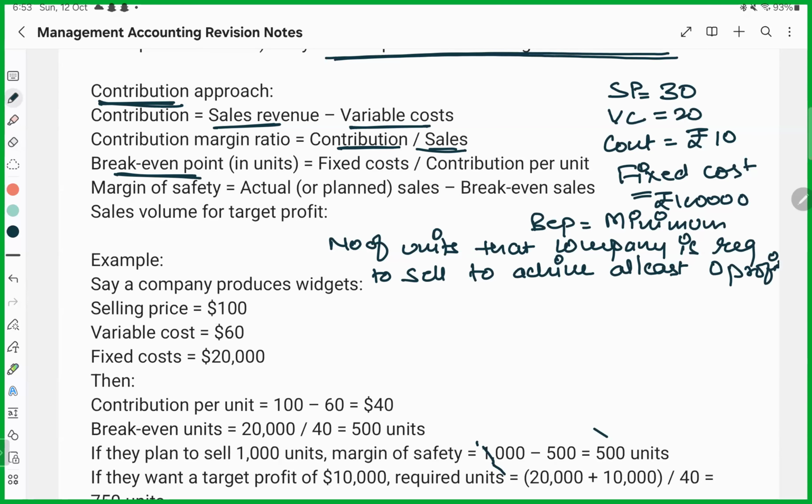That means if I sell less than break even point units, the company will be under loss.